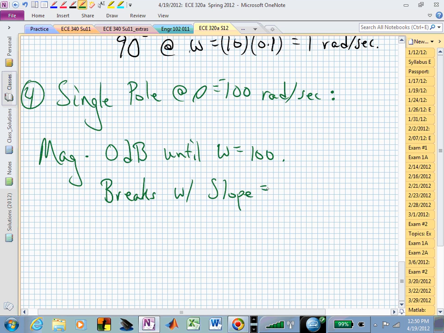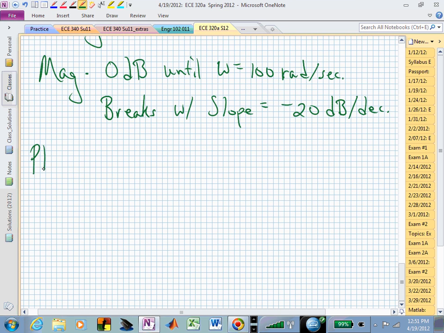And what's our slope beyond omega equal to 100 radians per second? It's now downstairs, it's a pole, so it's going to be going down at minus 20 dB per decade. As we did with the zero piece, we can do the same thing with the pole piece, except now we're going exactly in the opposite direction with our phase.